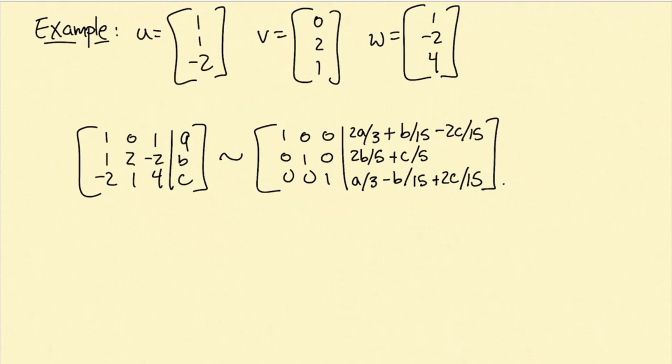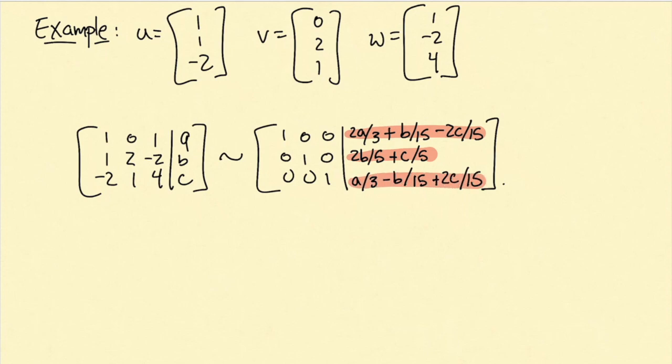In fact, this reduced row echelon form, as nasty as it is, tells us exactly how we would do it. So the first weight is going to be given by this expression here. The second weight is going to be given by this expression here. And the third weight is going to be given by this expression highlighted here.